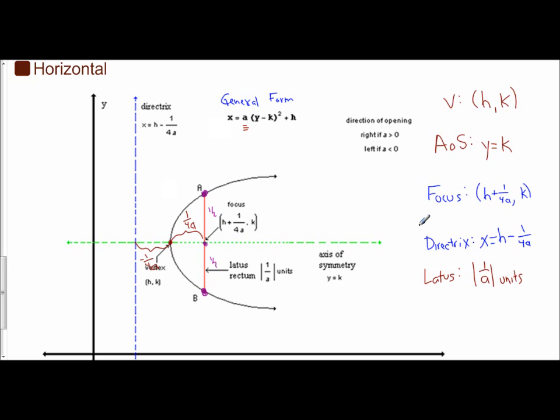Now the focus and the directrix, we took our time to draw the conclusion that the distance from the vertex to the focus and the directrix is 1 over 4a units.